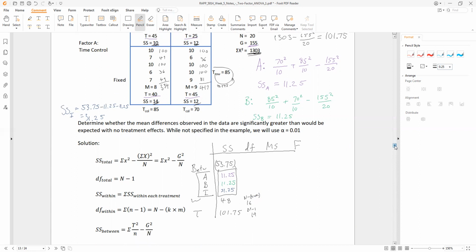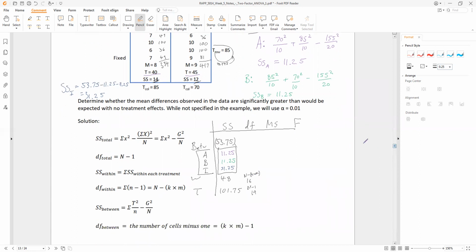And then the DF between is going to be just the total number of groups minus 1. So the 4 minus 1 is 3. Right? This is the K times M minus 1. Right?